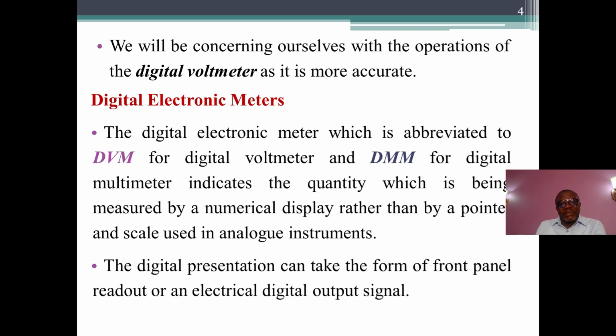Now, the digital electronic meter, which is usually abbreviated to DVM for the digital voltmeter and DMM for the digital multimeter, indicates the quantity being measured by a numerical display rather than by a pointer and scale used in analog instruments. The digital presentation can take the form of a front panel readout or an electrical digital output signal.